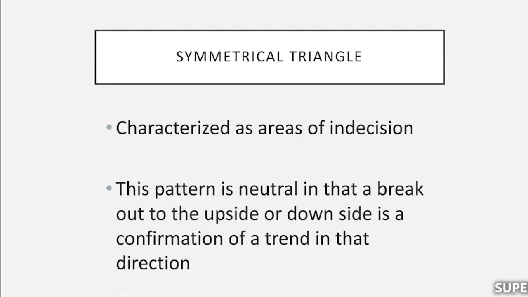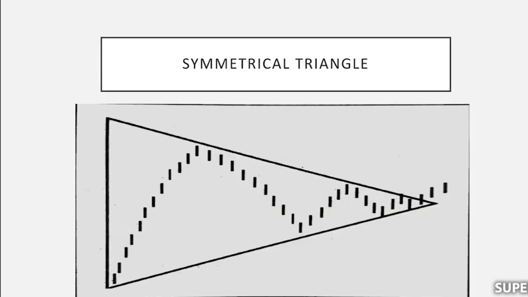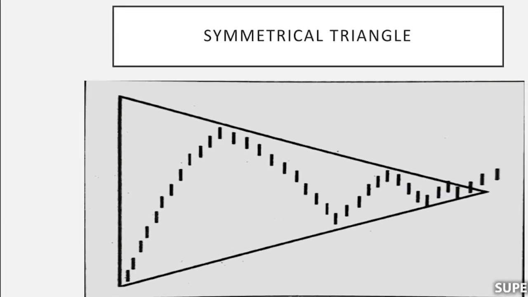So let's discuss the symmetrical triangle. Symmetrical triangles are characterized as areas of indecision. This pattern is neutral in that a breakout to the upside or downside is a confirmation of a trend in that direction. So the symmetrical triangle is a pattern in which two trend lines converge towards each other.